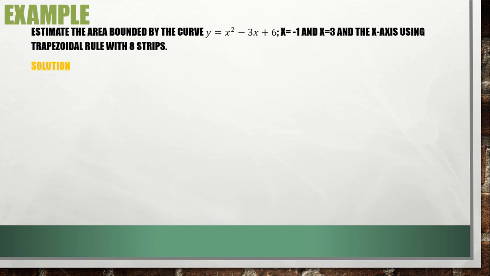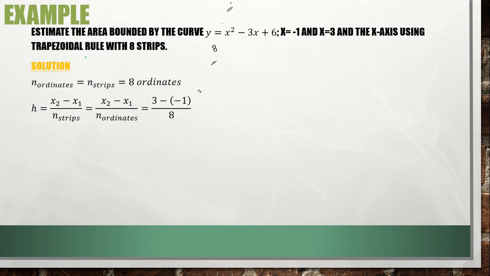The solution. In this case, we know that the number of ordinates equals the number of strips. Basically, we'll end up having 8 ordinates, because the question has bounded us to use 8 strips. Sorry for this particular mismatch, it should be mid-ordinate rule. So h will basically be a half, 0.5 units.